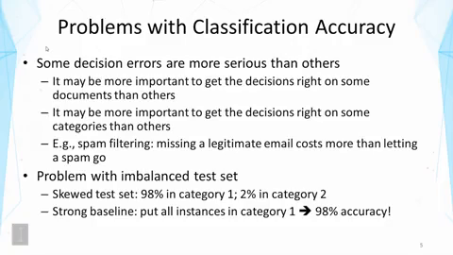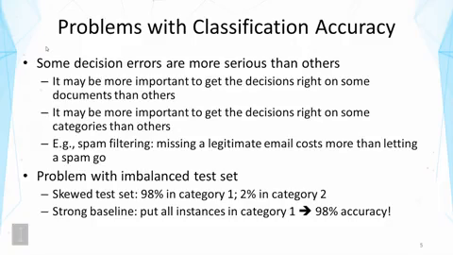One example that shows clearly that decision errors have different costs is spam filtering. That could be treated as a two-category categorization problem. Missing a legitimate email is one type of error, but letting a spam come into your folder is another type of error.